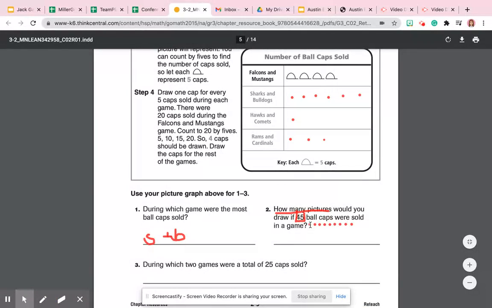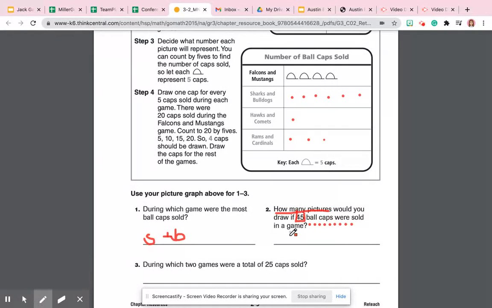Let's count. 1, 2, 3, 4, 5, 6, 7, 8, 9. So how many pictures would we draw if there were 45 caps sold in a game? We would draw 9. And when we answer a word problem, can we just write the number? Nope. So you need to write 9 pictures.